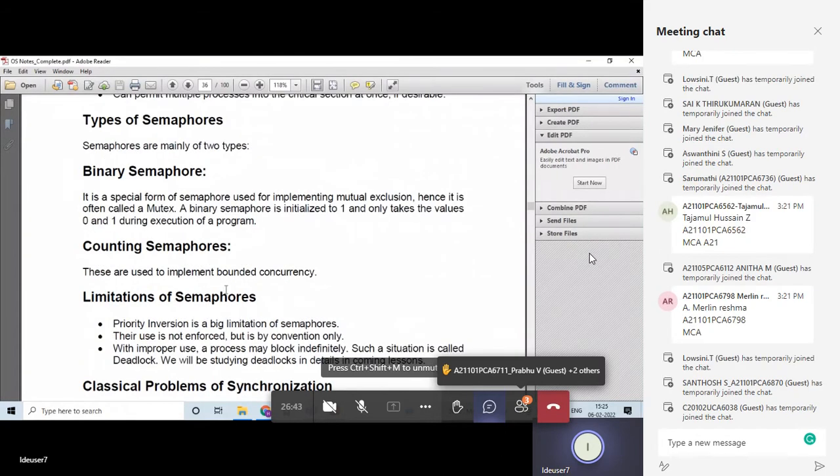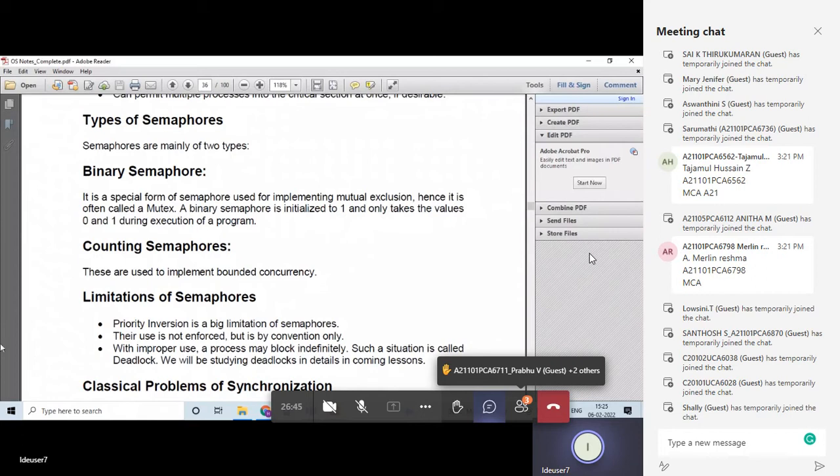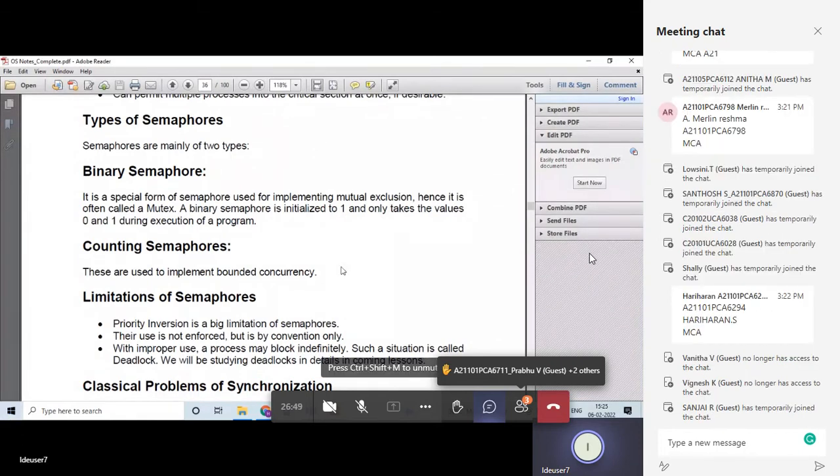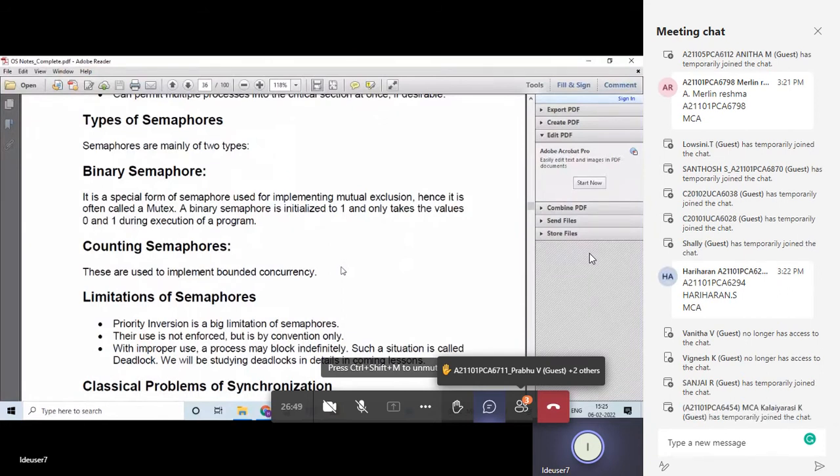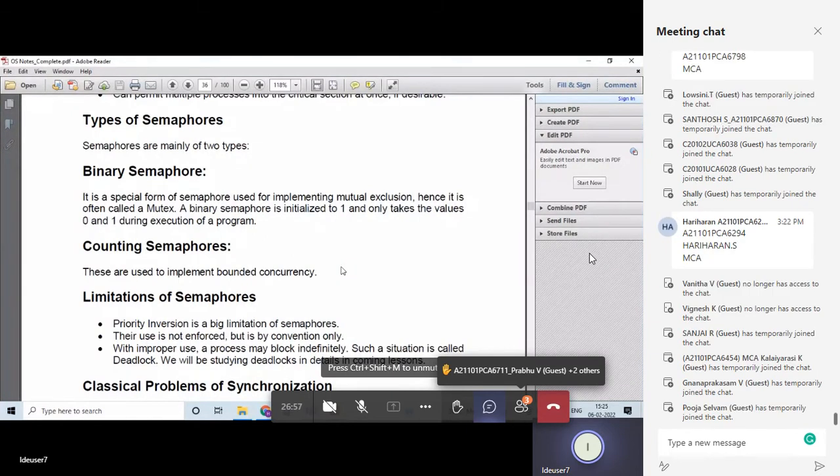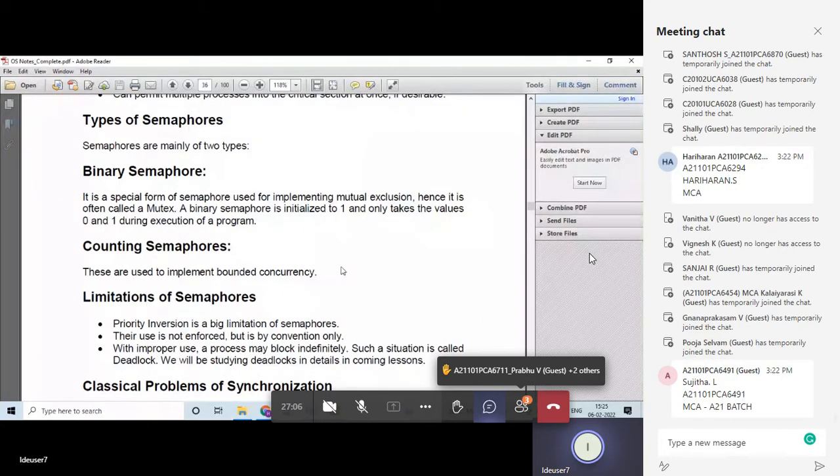The counting semaphore is used to implement bounded concurrency. Here the counting semaphore will have a value ranging from 0 to any value, which indicates the number of resources. Whenever a process comes and accesses a resource, the number of resources is decremented.